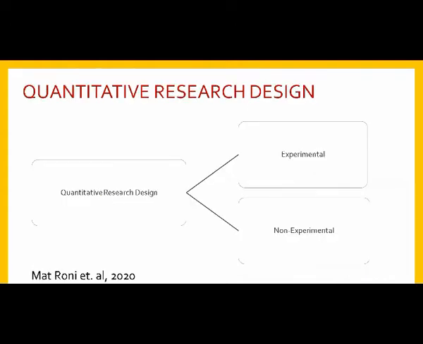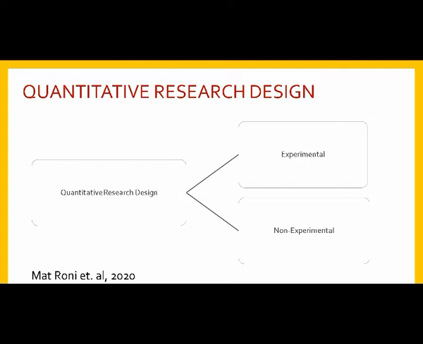In the literature, there are many studies that talk about quantitative research design, and the classification system sometimes varies based on the area reviewed by the scholars. However, these scholars are actually referring to similar designs. So for this lecture, I will explain the two basic types of quantitative research design, which are experimental and non-experimental research.